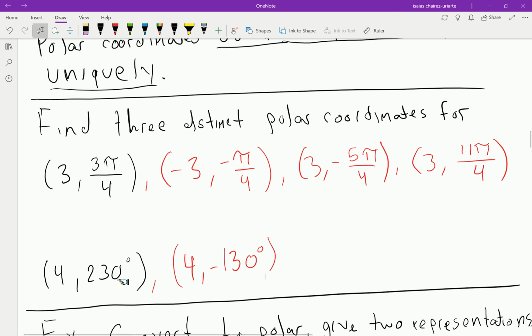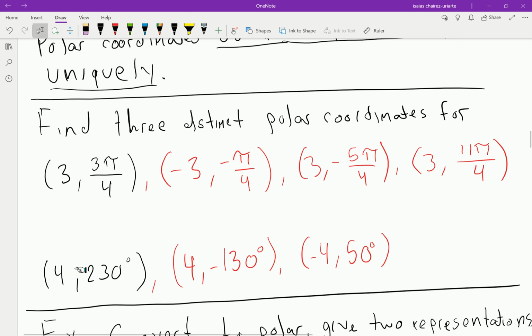I'm just using the negative coterminal angle here. 230° and -130° are coterminal. I could also do (-4, 50°). Why is that? Think about it.